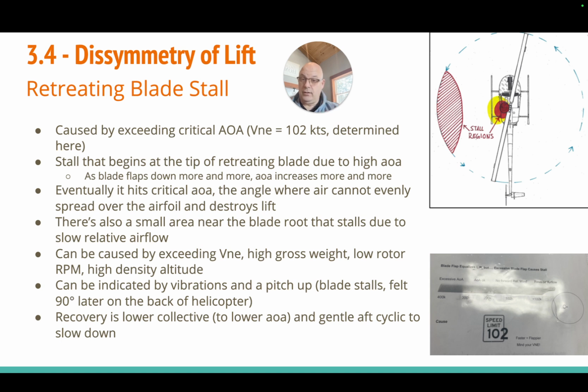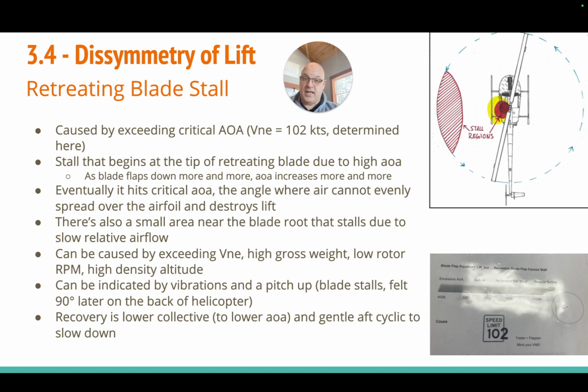The best recovery is to lower the collective, to take the angle out, to reduce the angle of attack back to within normal limits, and a gentle application of aft cyclic to slow down.